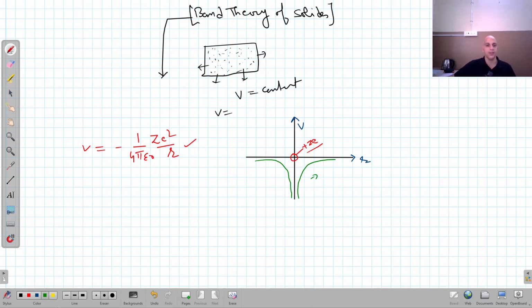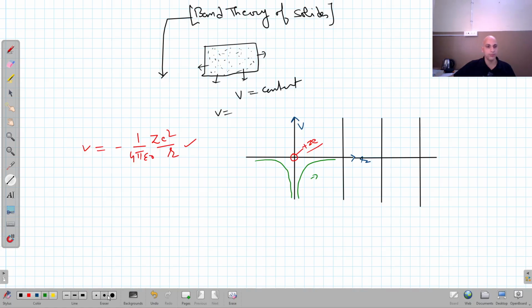If I consider another core adjacent to it, this is the next core, then this is the next core, then this is the next core. All these are the positive ion cores inside the crystal, right? Then what will happen?